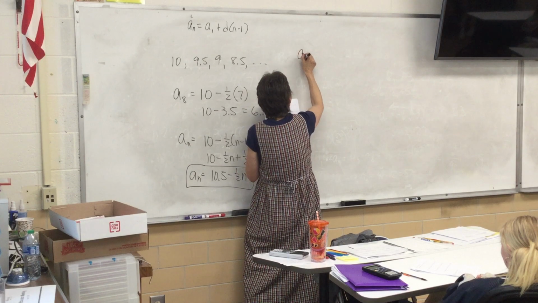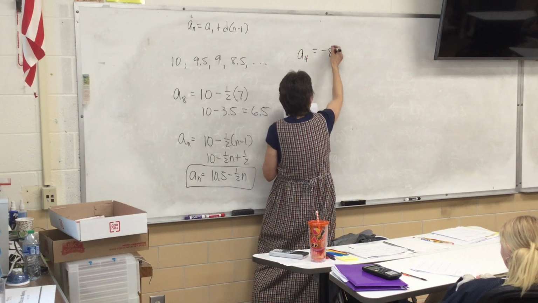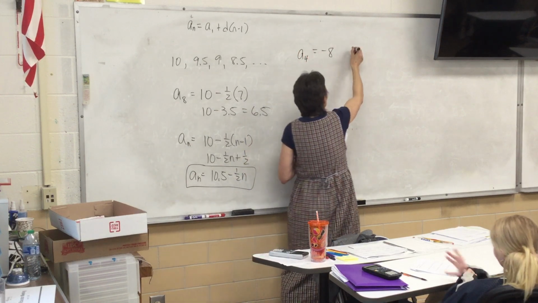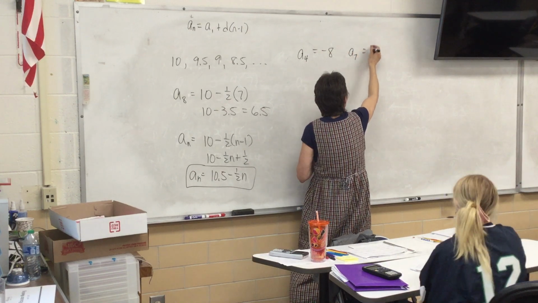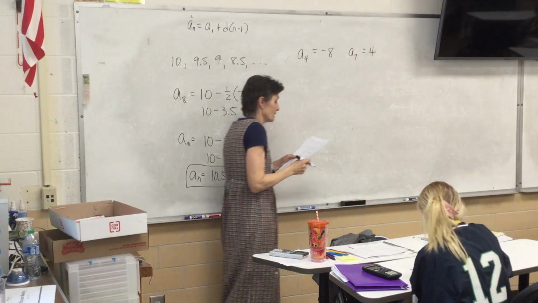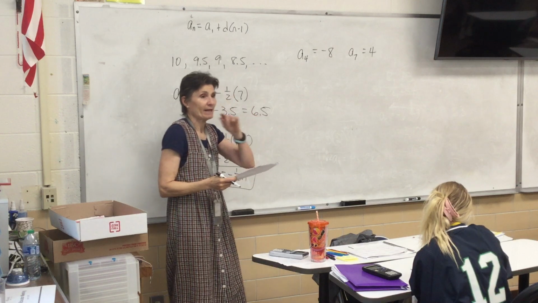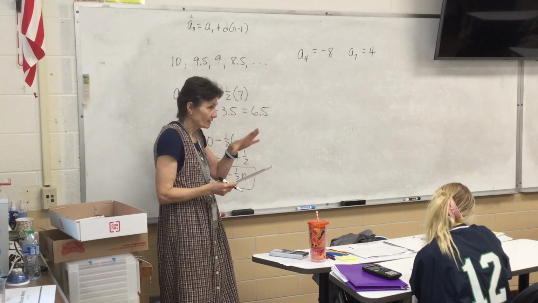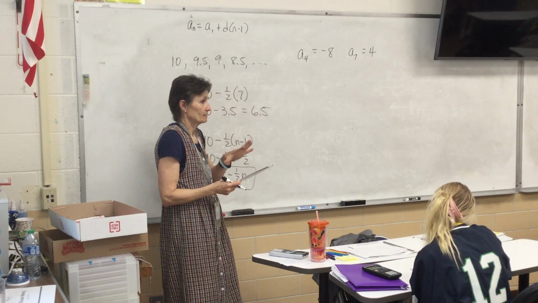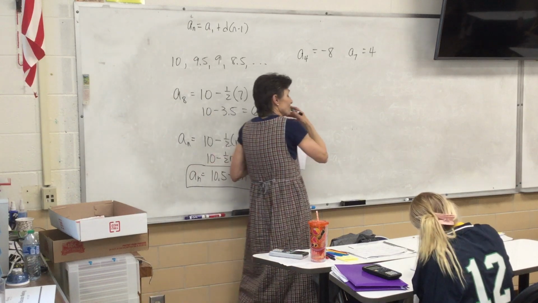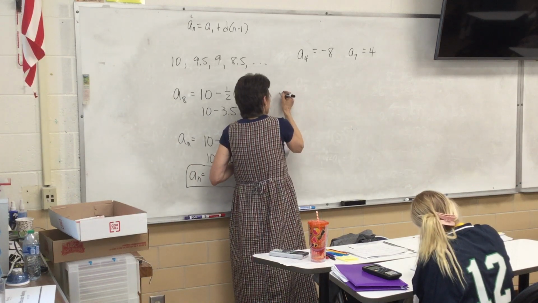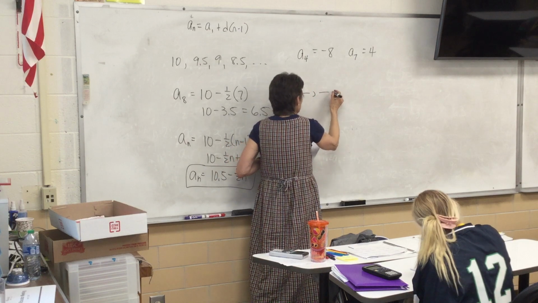So it says the 4th term is -8, and the 7th term is 4. And we know it's arithmetic. So if I do a picture of it, here's my first term, second term, third term.